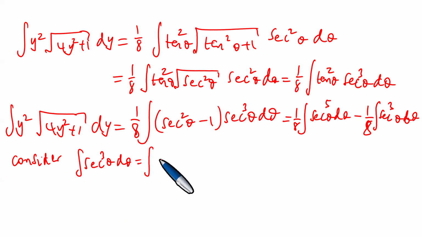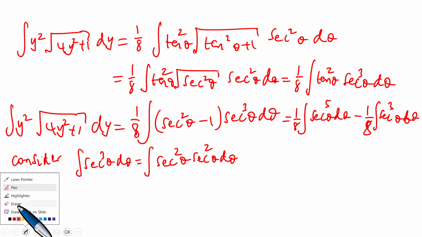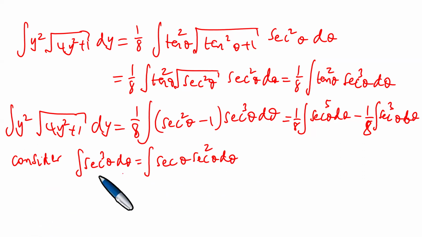If you break it into the secant squared theta, the secant of theta, d theta, or you can put the square here and then put the first power here, the meaning of this therefore becomes the integral of the secant squared.